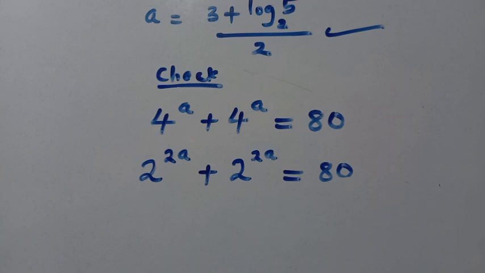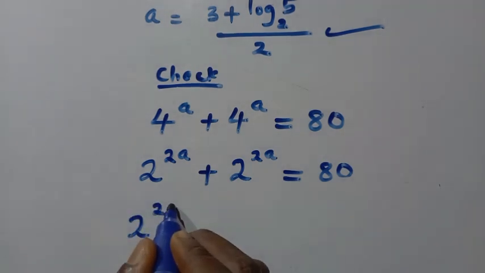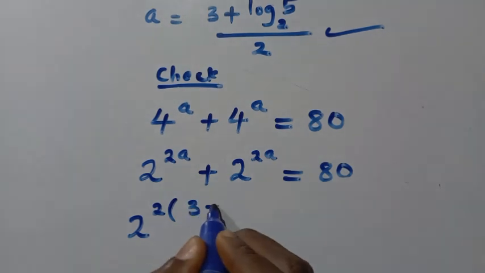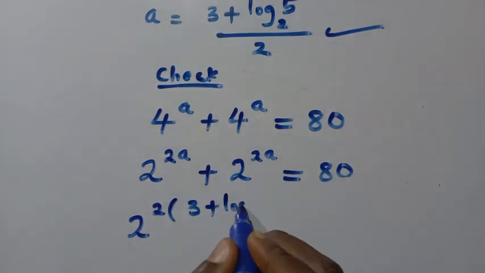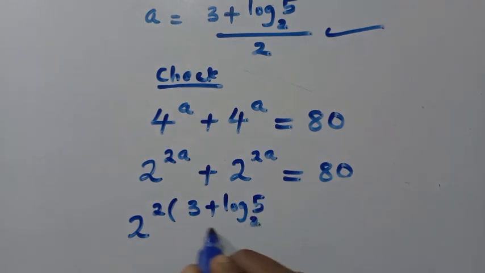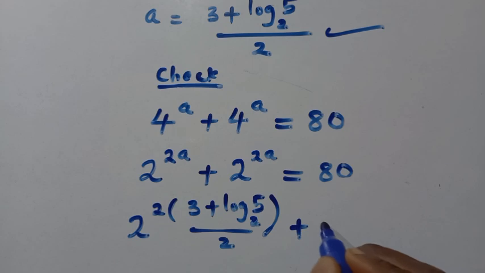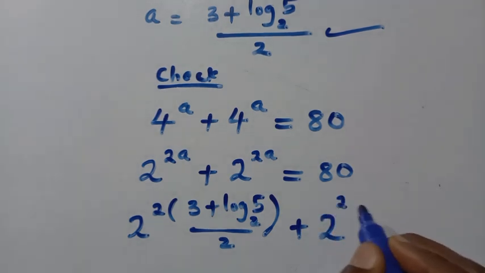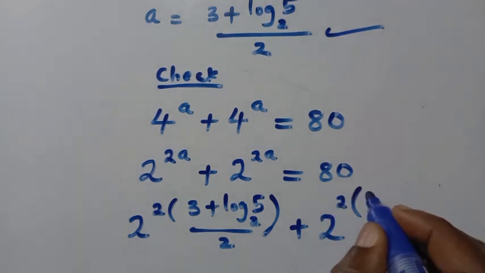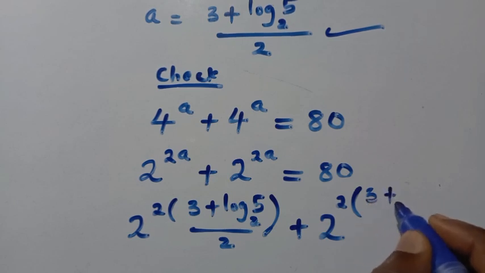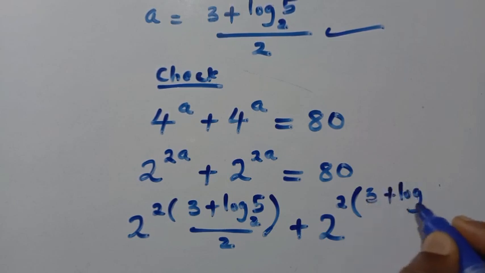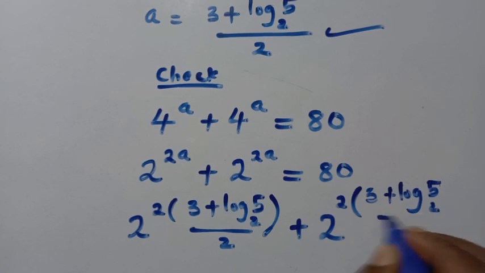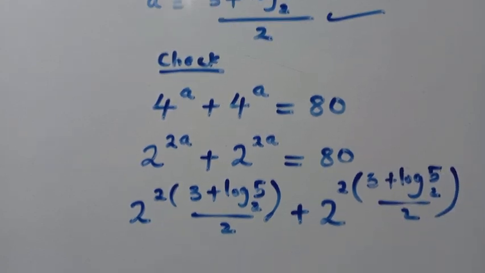By putting the value of a here, it is 2 to the power of 2 times the bracket of 3 plus log 5 base 2 divided by 2, plus 2 to the power of 2 times the bracket of 3 plus log 5 base 2 divided by 2. I want to show that the whole of this equals 80.